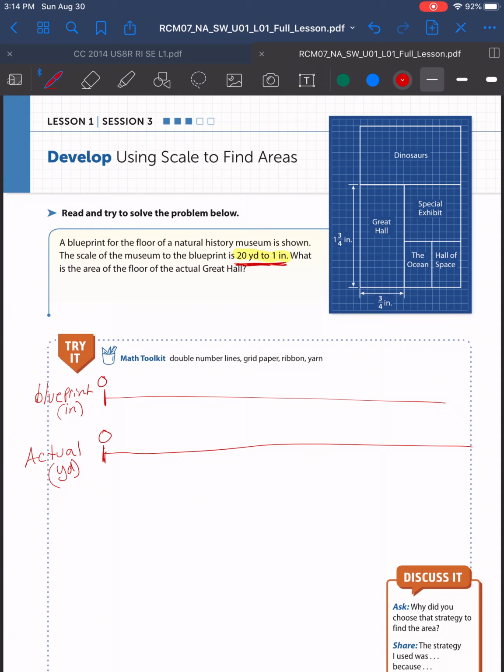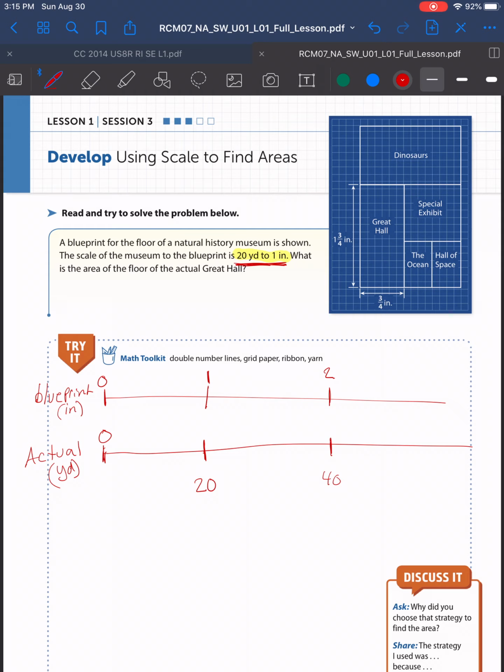So if that's the case, if I have 1 inch, I know that's 20 yards, right? Okay, well, with that logic, how much is 2 inches in real life? Well, it just doubles, right? So this is 20, so that would make this 40 yards in real life.